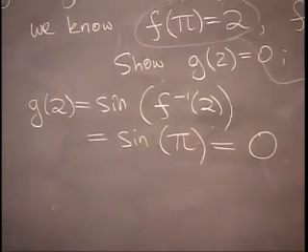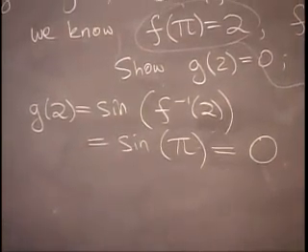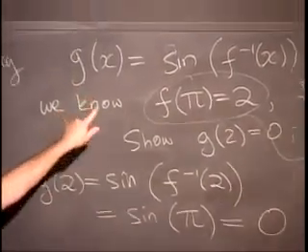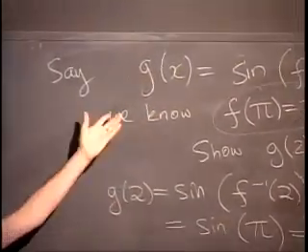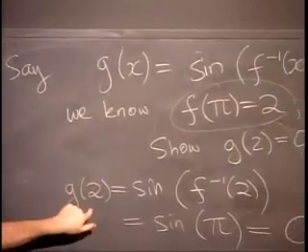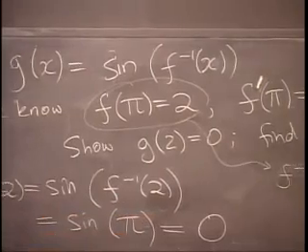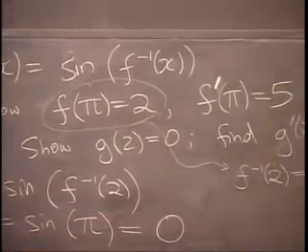Sure, I'll work through all the steps. I started off with g of x is sine f inverse of x, the original function. I need to show that g of 2 is 0. So I start off with g of 2. I take the original function, and I replace x by 2. So I just need to find what f inverse of 2 is.